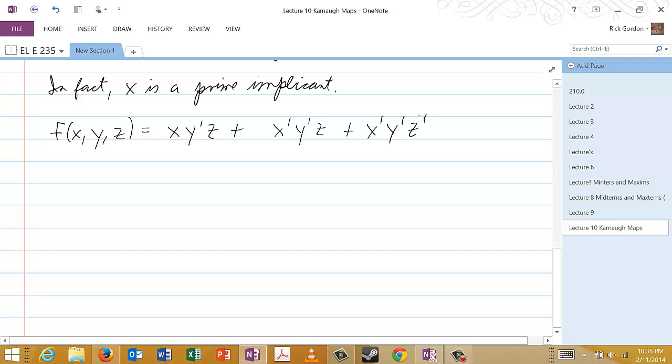And we're asked to find the Karnaugh map of f.